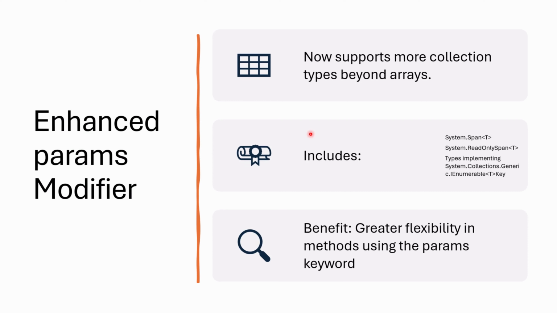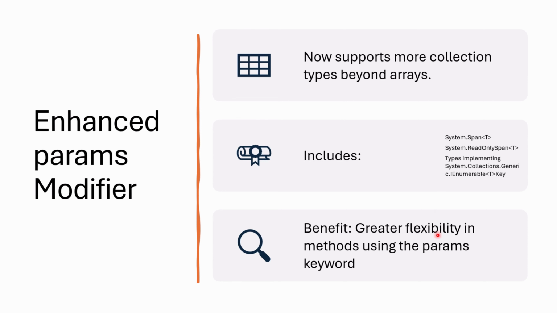Previously, the params keyword only worked with arrays, but now its capability has significantly expanded. The params modifier can now accept System.Span, ReadOnlySpan, and any type that implements IEnumerable.